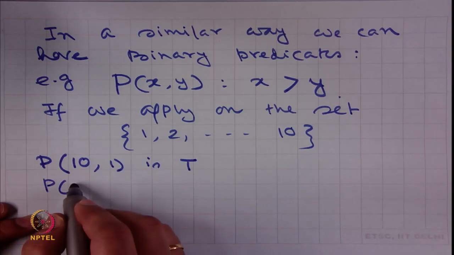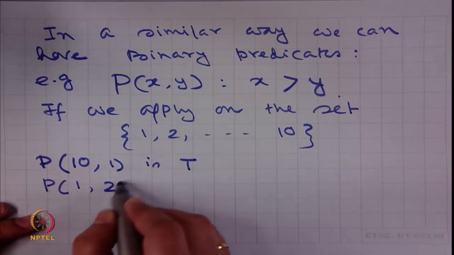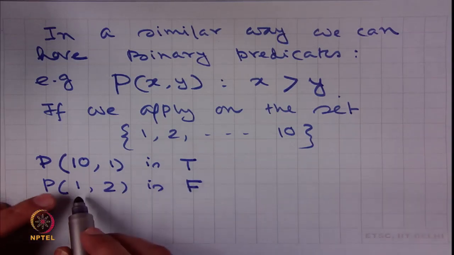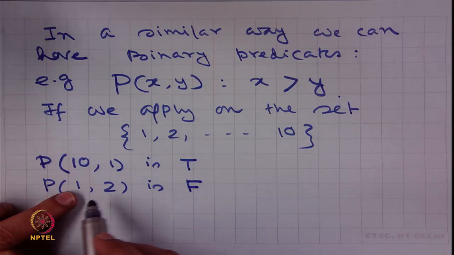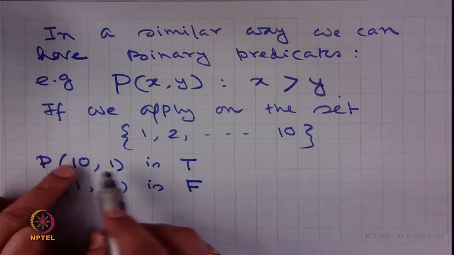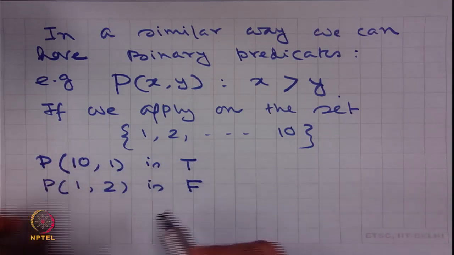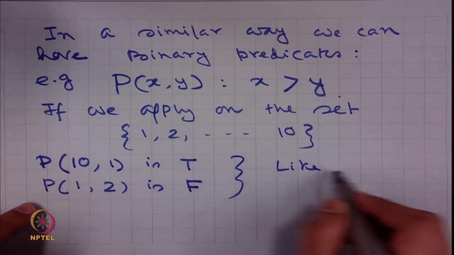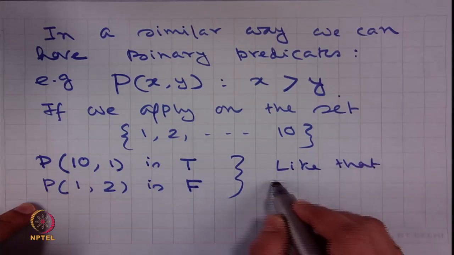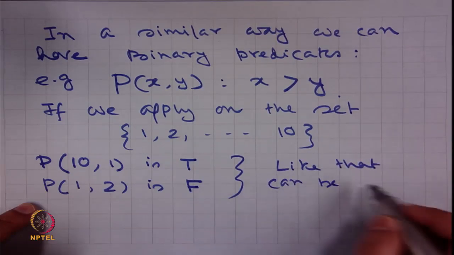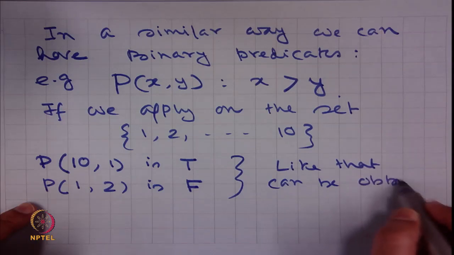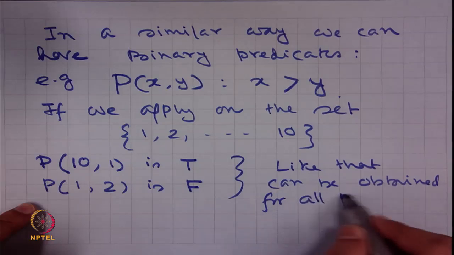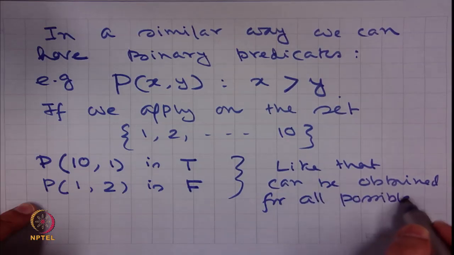P of 1 comma 2 is false, because 1 is not greater than 2. Like that, truth values can be obtained for all possible pairs.